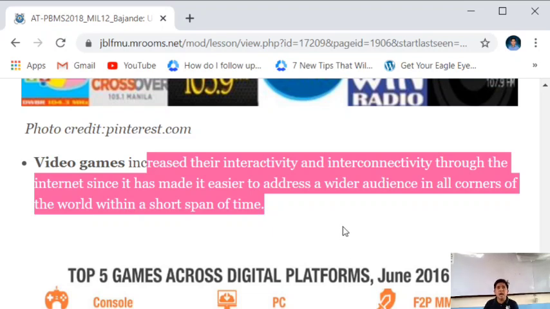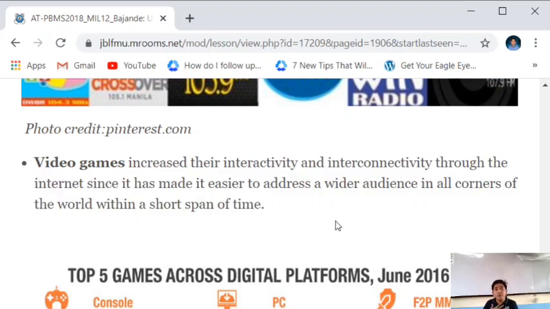I play COD, or Call of Duty. And sometimes, because of its interconnectivity, you can connect with others, you have a teammate, right? No matter where your teammate is located, in Guapa or anywhere else in the world, as long as you are playing, you can be a team together.